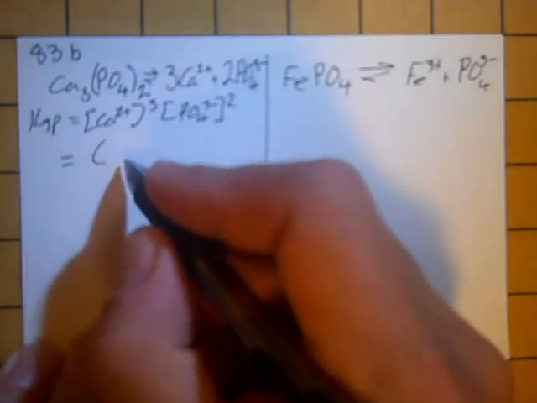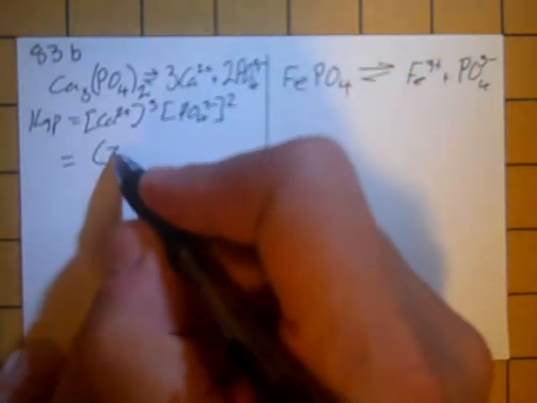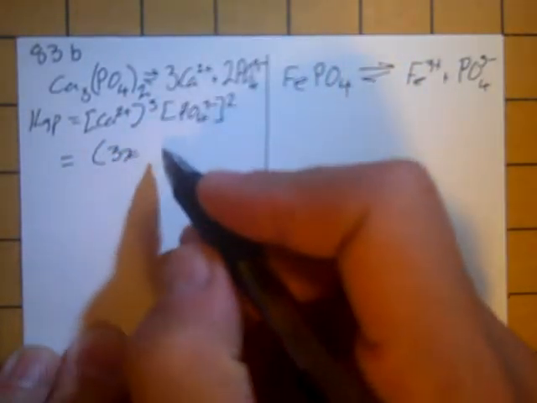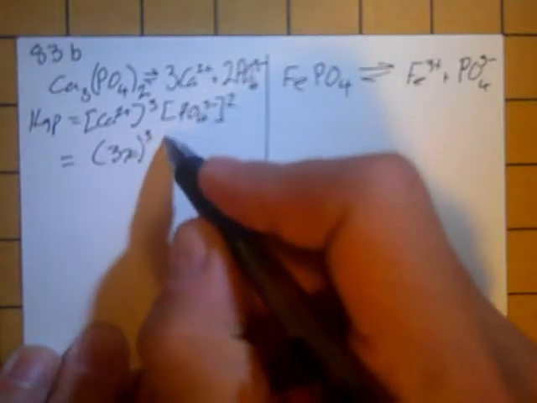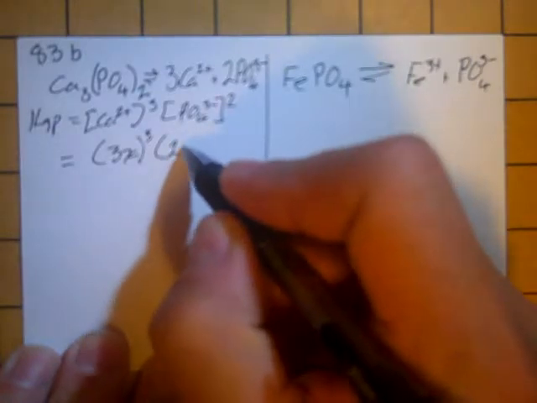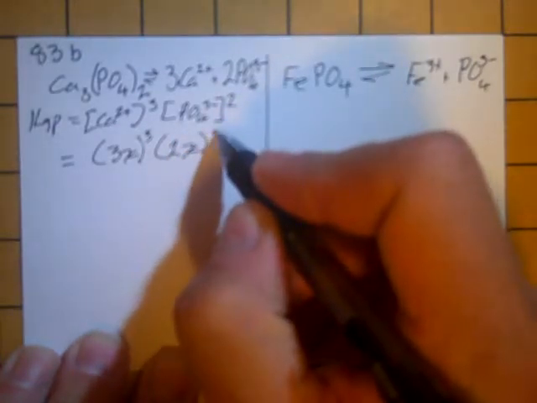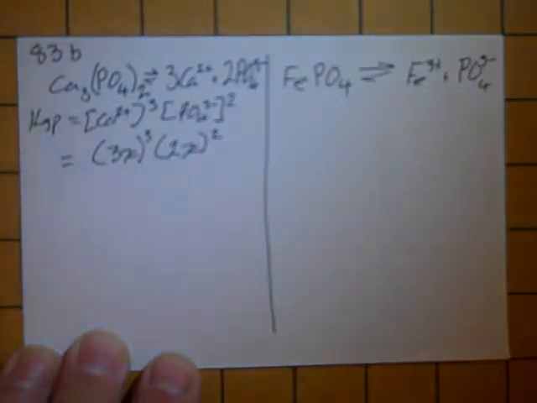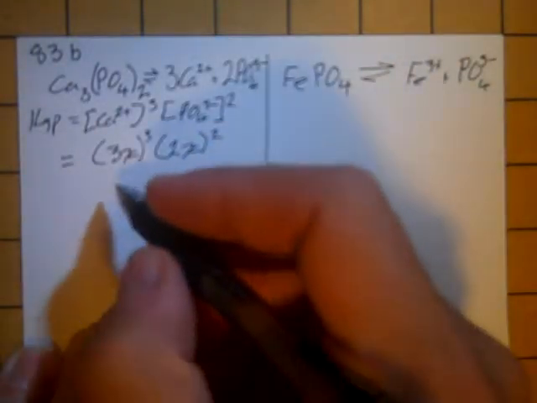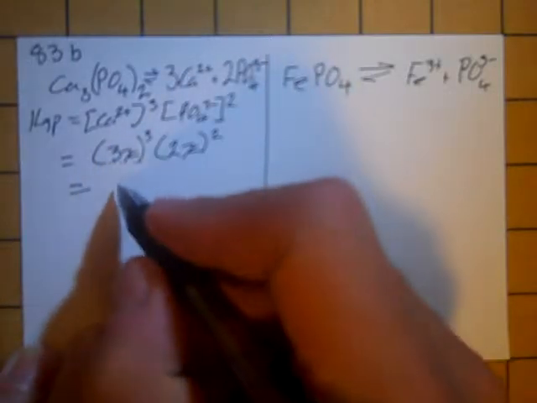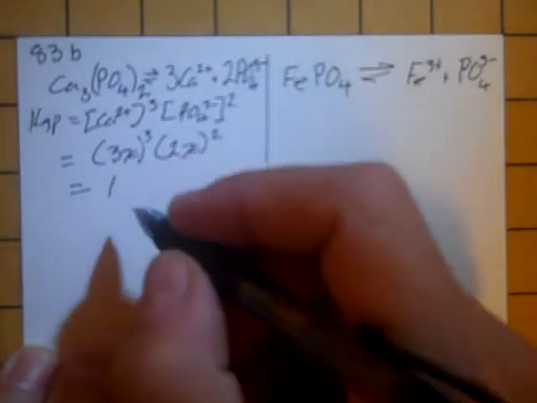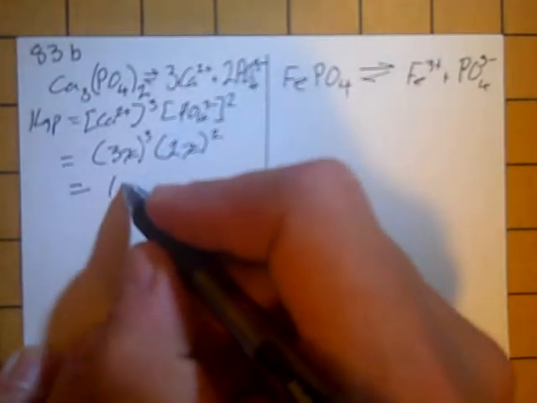So KSP is going to equal 3x cubed times 2x squared. This turns into 108x to the 5th.